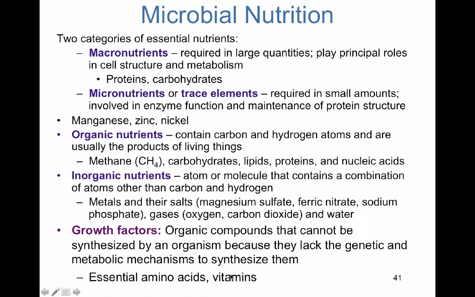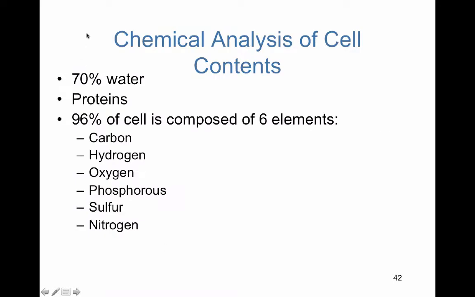Also vitamins as well. Now, if you were to look in any cell, the majority of it is made up of 70% water. So water is the universal solvent. You're also going to find proteins, and the majority of that cell contains 6 elements. I would remember these 6: carbon, hydrogen, oxygen, phosphorus, sulfur, and nitrogen.